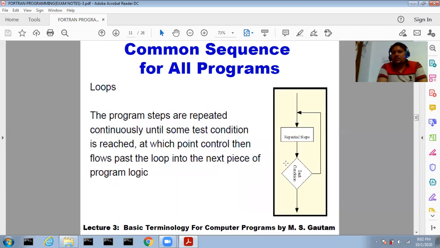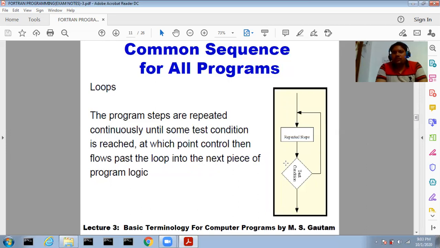The third structure in a program is the looping structure, or loops. Loop structures are generally used whenever some calculation or operation is repeated again and again until some test condition is satisfied.